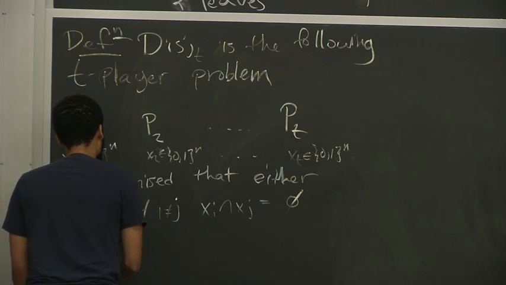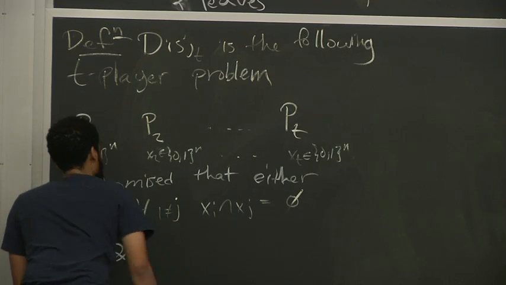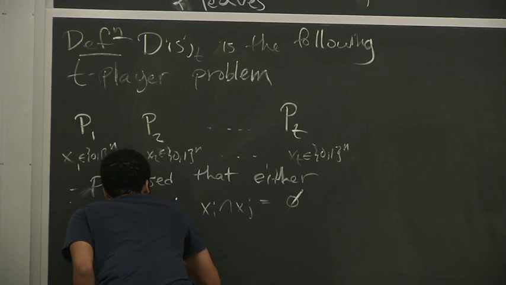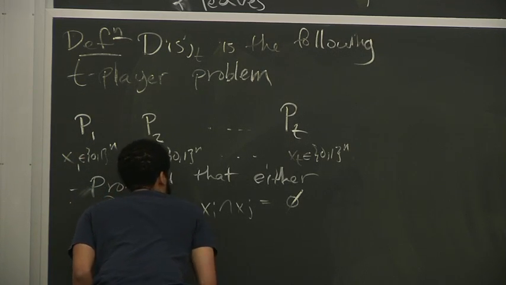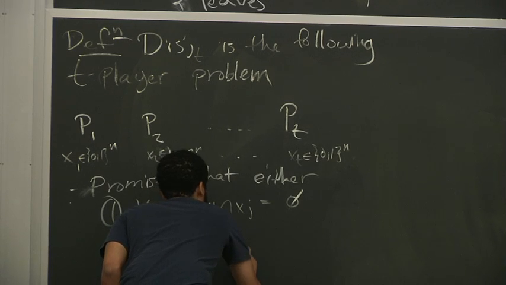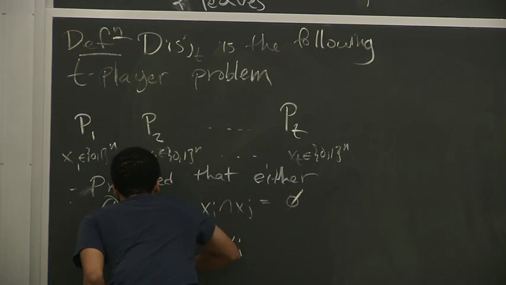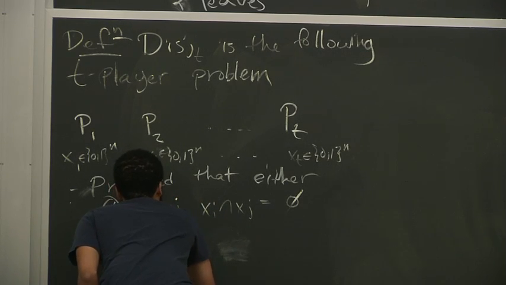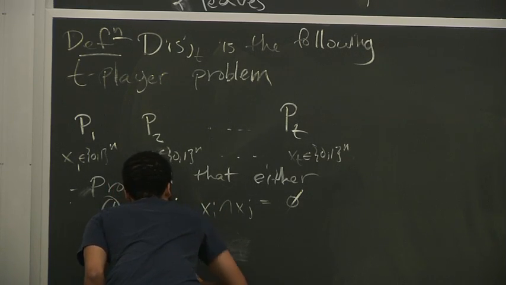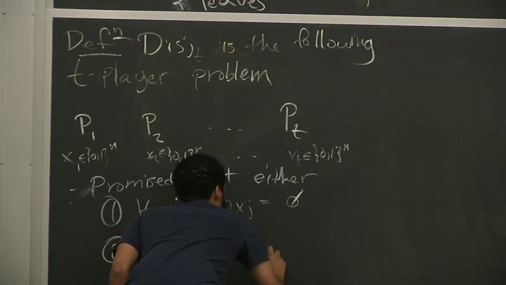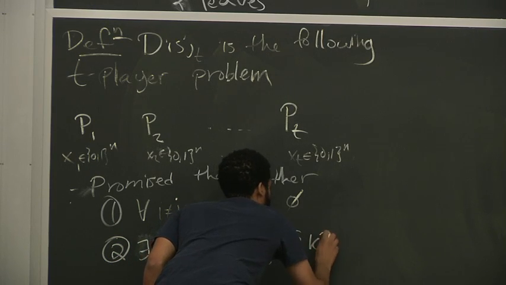Okay. And then case 2 is that there exists a k such that for all i not equal to j, xi intersect xj is exactly equal to k.